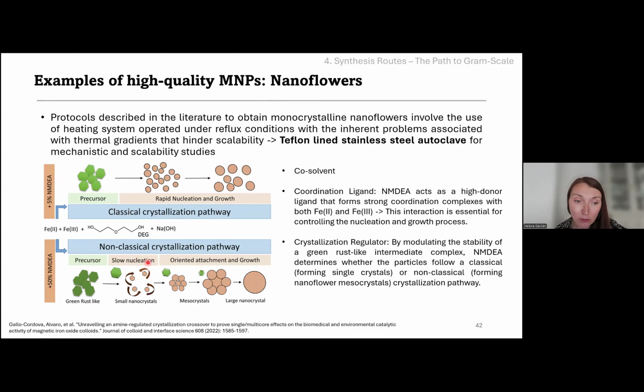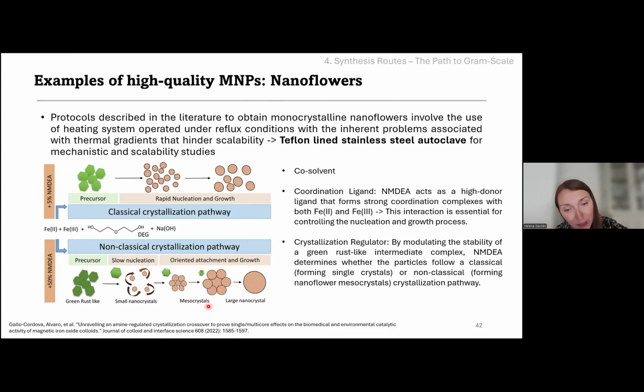We have a slow nucleation because, as I told you, it has some coordination properties and it's really viscous, so it will slow nucleation and lead to oriented attachment growth. And so we will end up with these nice petals that are aligned and provide a monocrystalline structure.